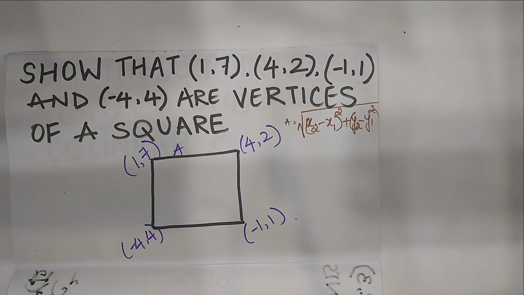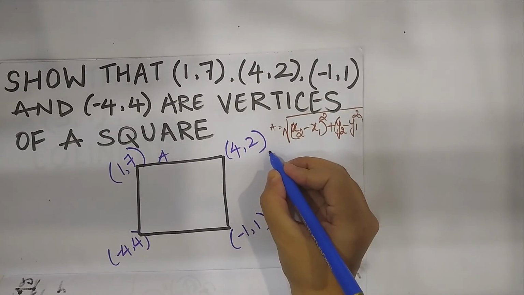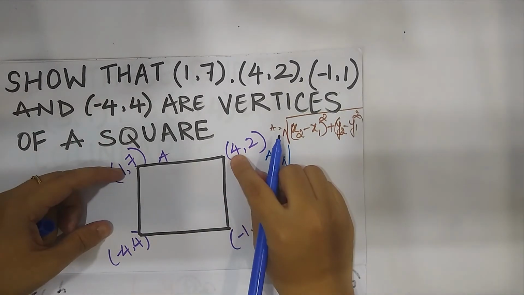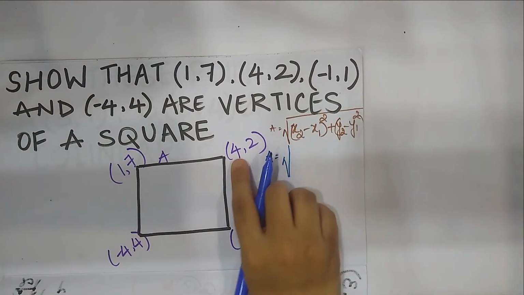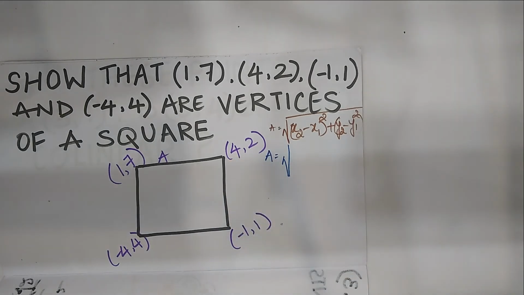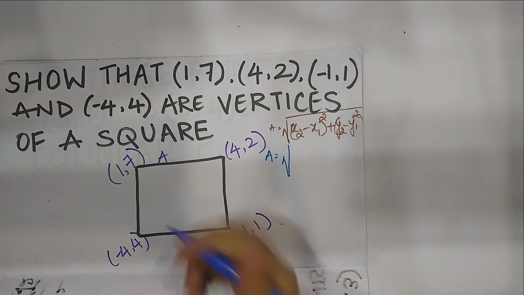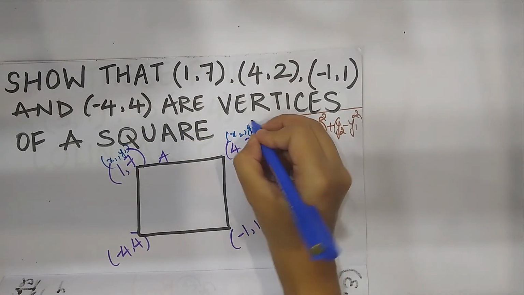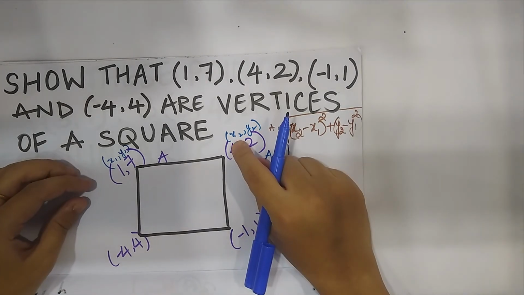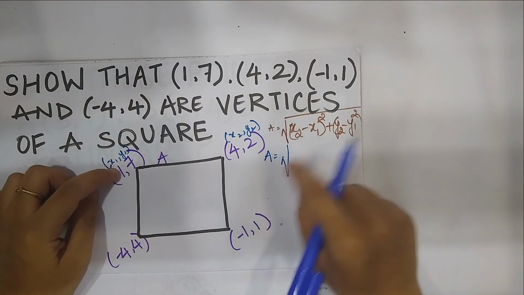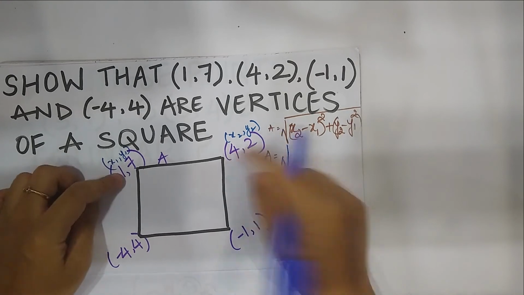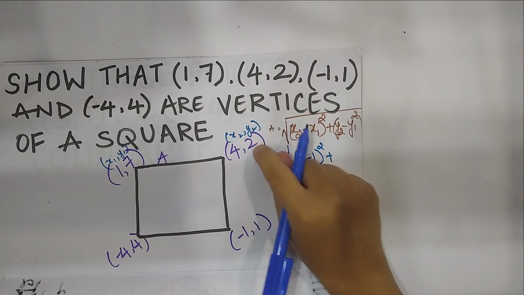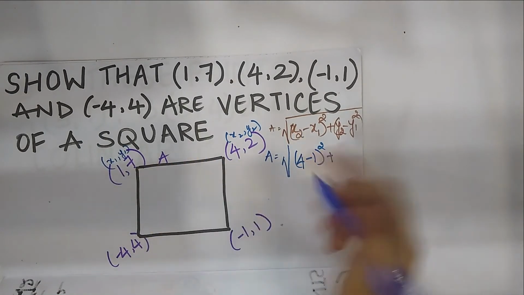So let us do that for A first. You can take any of these as x2, y2 or x1, y1. I'll just take this randomly as x1, y1 and this as x2, y2. Let's just go in order. What is the formula? x2 minus x1. So 4 minus 1 the whole square plus y2 is 2, y1 is 7, so 2 minus 7 the whole square.